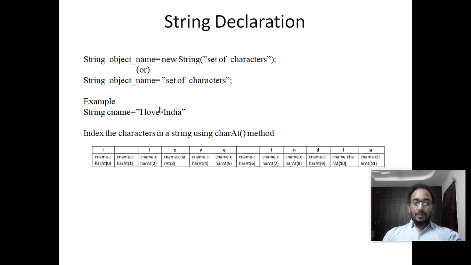Suppose if I say charAt 7, the capital I will be returned. If I say cname dot charAt 10, small i will be returned. So for any operations you want to perform at the character level, the ASCII codes will come into the picture. So before we discuss string operations, we will see the ASCII character codes.